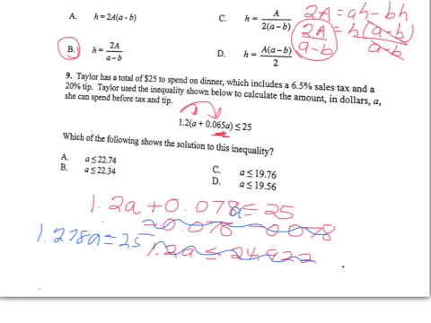And then now I'm going to divide 25 by 1.278, and I get 19.56. A is less than or equal to 19.56. And so my answer choice is D. So again, my mistake was that I did not write the A from the second term right here, and that when I solved, I realized my answer choice wasn't there, so just be careful.